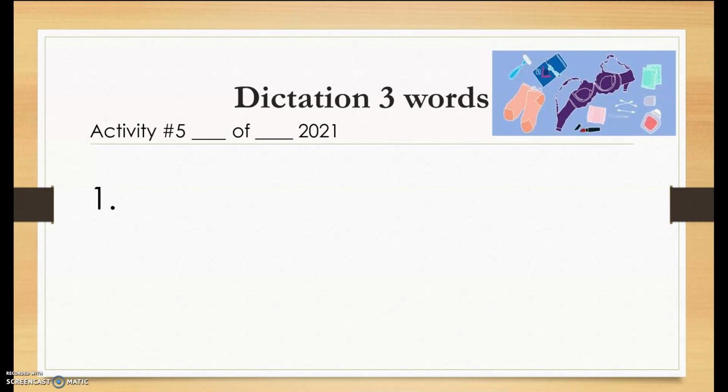Swelling. Number 2. Spell the word gradually. Gradually. And number 3. Spell the word adult. Adult.